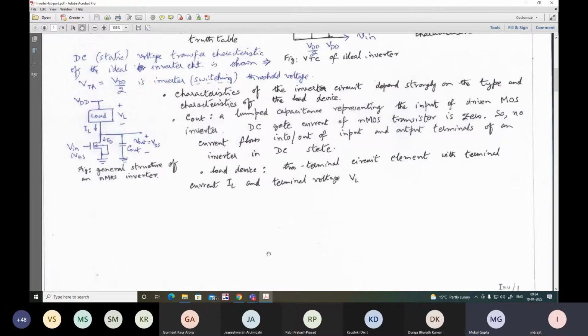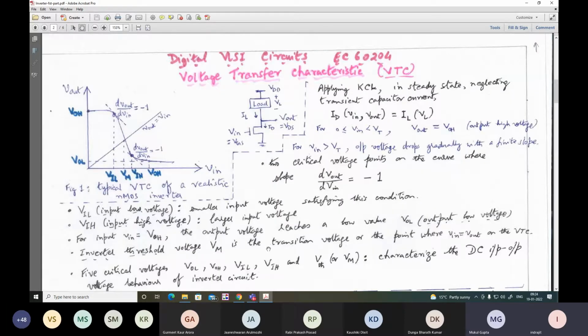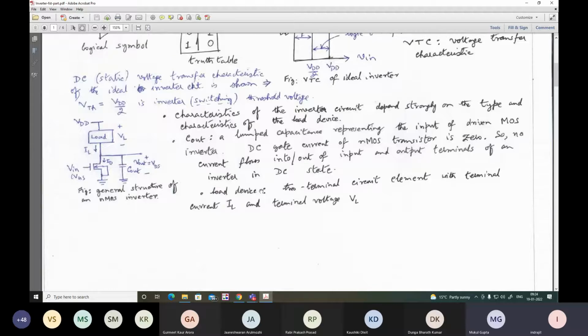Now, we study the voltage transfer characteristic. What are the important salient voltages? This is more typical of a practical inverter. It is not like the brick wall response, not like this straight line drawing.